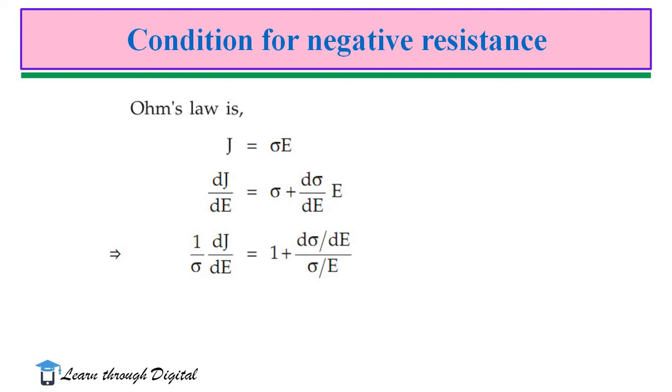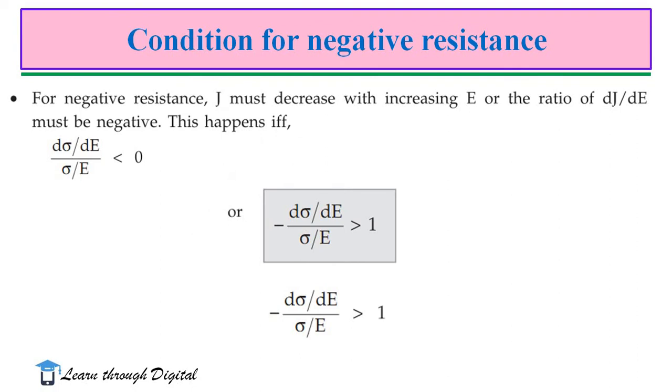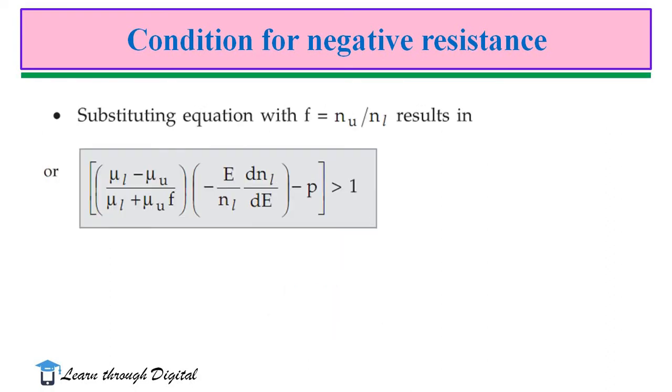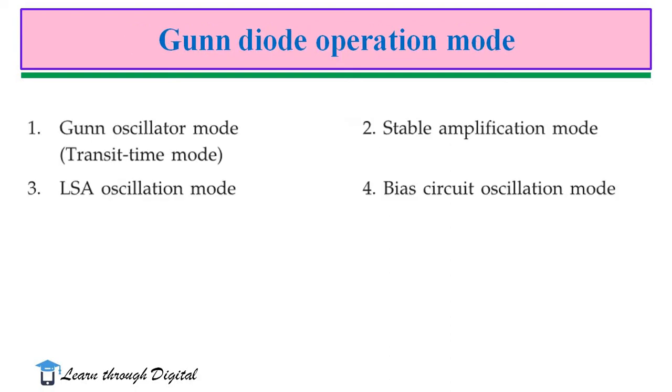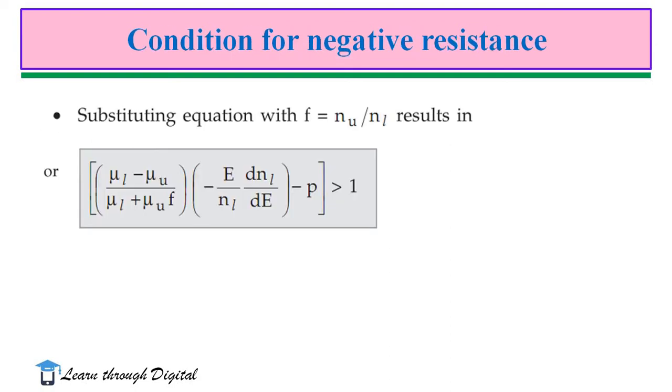We will get the expression 1 by sigma dJ by dE is equal to 1 plus d sigma by dE by sigma by E. For negative resistance, current density must decrease with increasing E, or the ratio dJ by dE must be negative. So therefore, substituting the equation with F equal to NU by NL results in the following, and this is the condition for negative resistance.